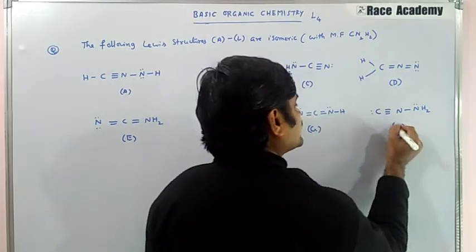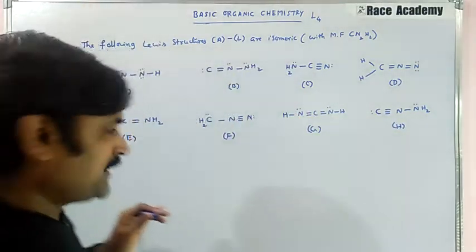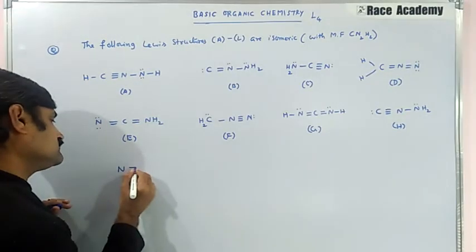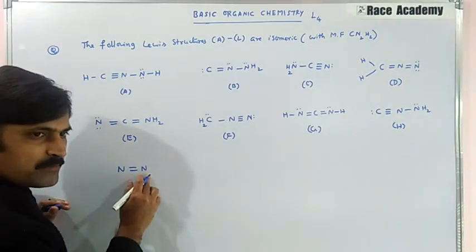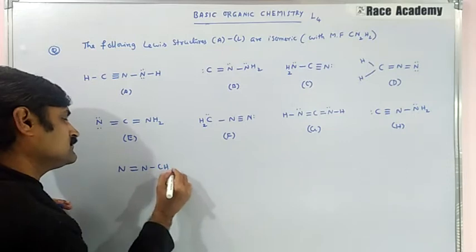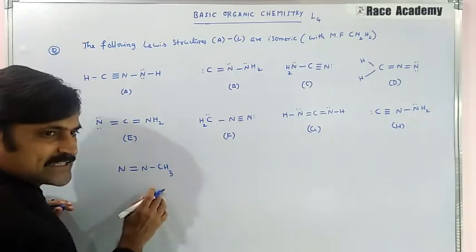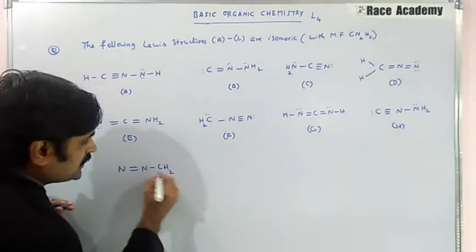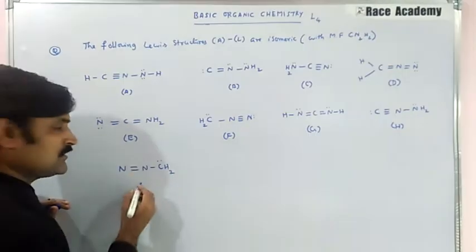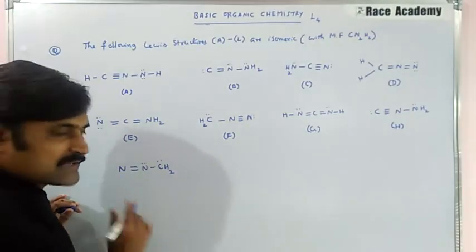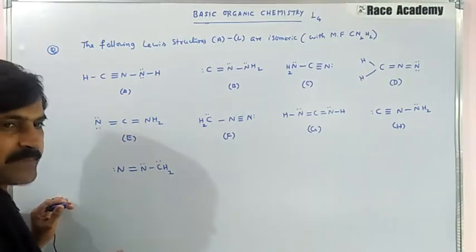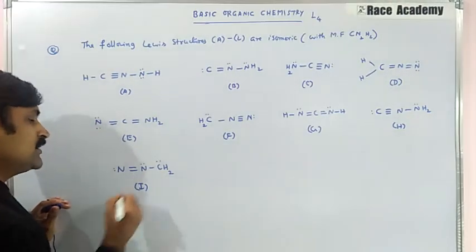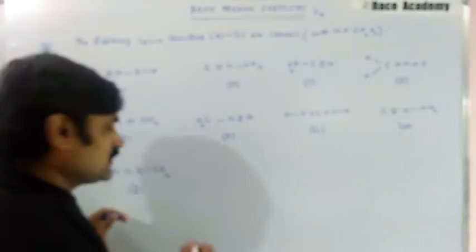This is H. What is I? N double bond, and CH2 only. A pair is given over this carbon, and over this nitrogen also a pair, and over this nitrogen also a pair. That is structure I.